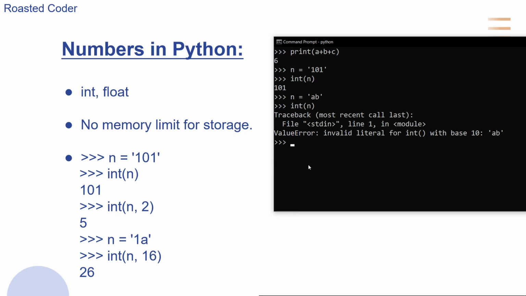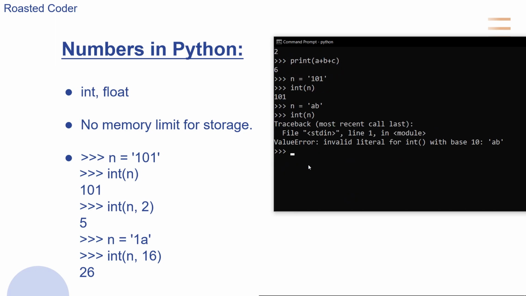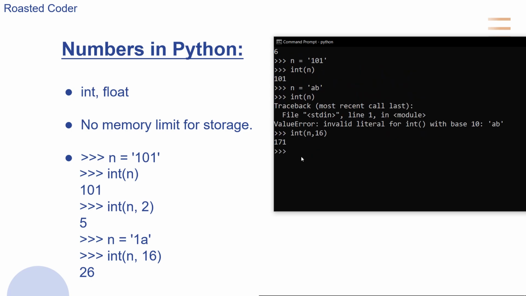You can see value error. And we can convert this ab to int, since it can be a hexadecimal number, base is 16, so it will return 171. And there are two parameters in int, the string and the base.